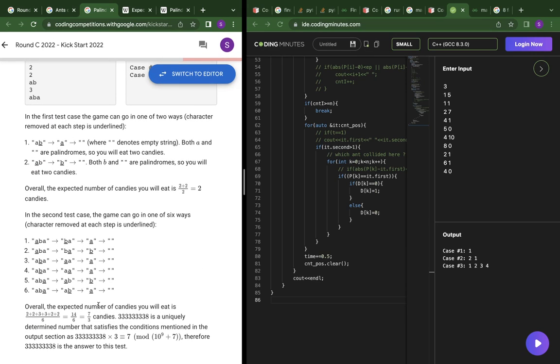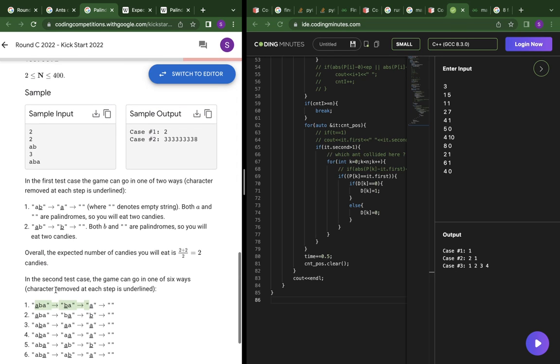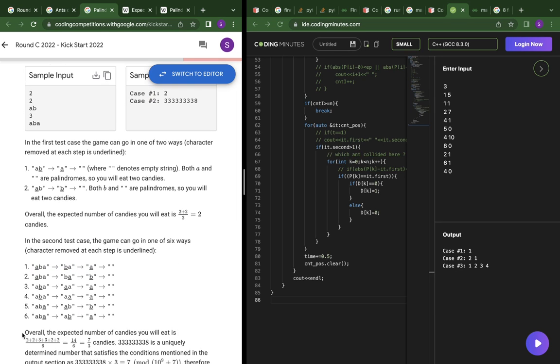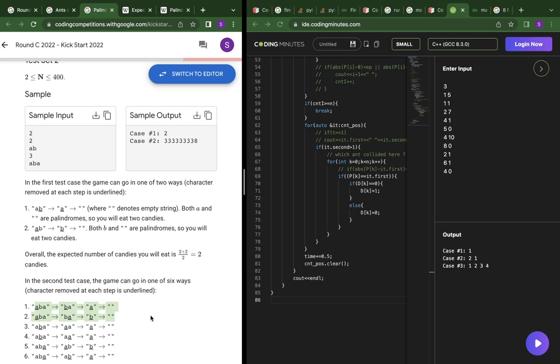Okay. Since n is 8, then these are like 8 factorial ways, and in each way I'm going to check the string that will be of length 8.